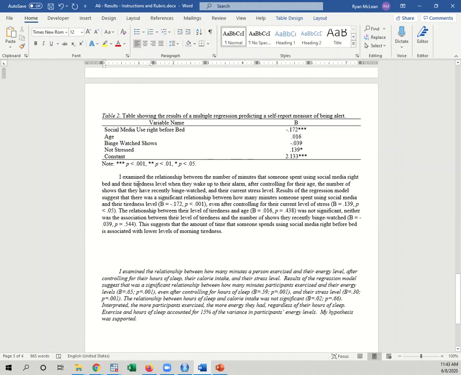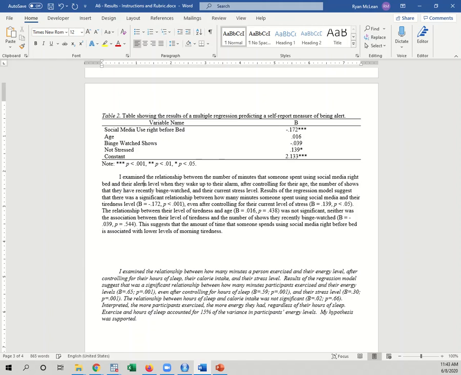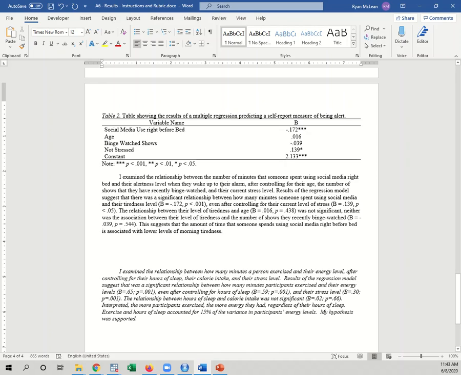And then their alertness level when they wake up to their alarm after controlling. So results of the regression model suggest there was a significant relationship. And their alertness level, it just made more sense to talk about this in terms of alertness is associated with lower levels of morning alertness.